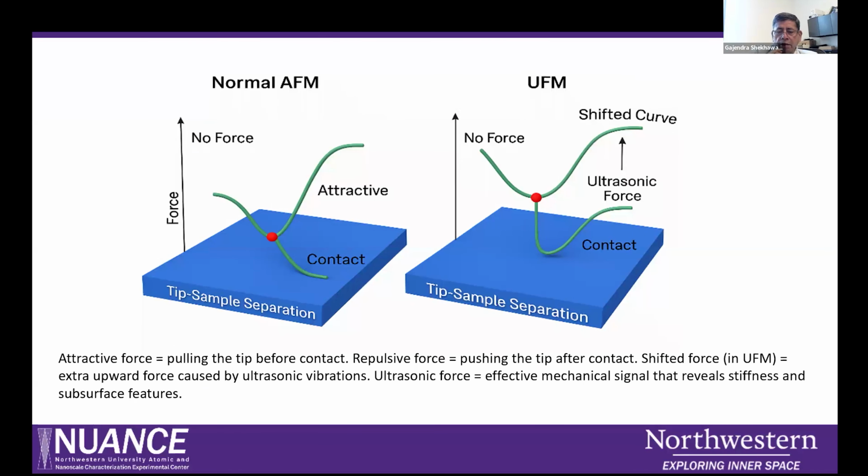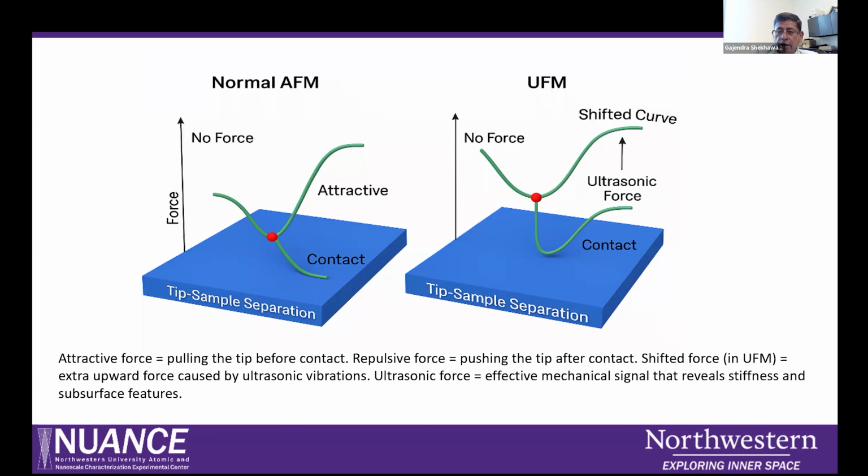The schematic here shows the launch of these ultrasonic forces because of the acoustic or ultrasonic vibrations. Basically, you are generating some extra ultrasonic force, which is very effective in the mechanical signals, and that depends on the stiffness of the sample and subsurface features.